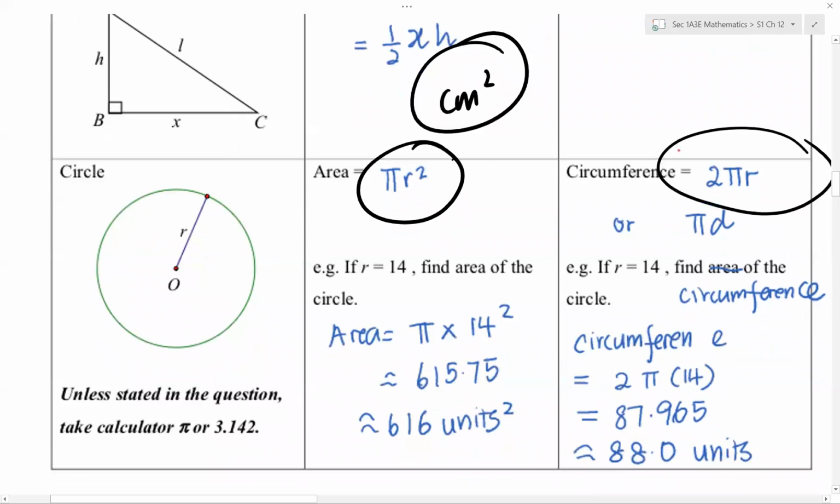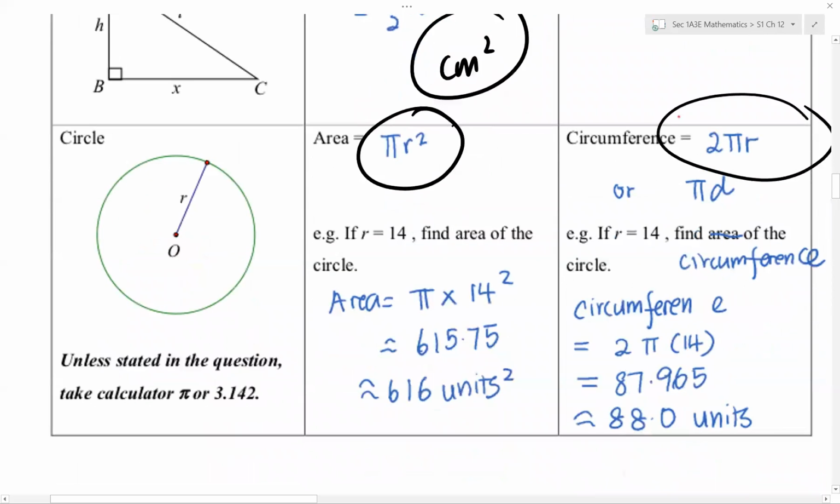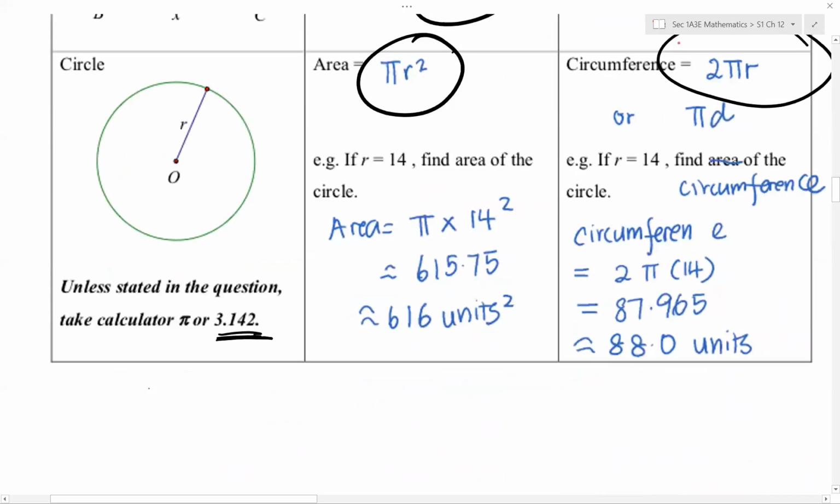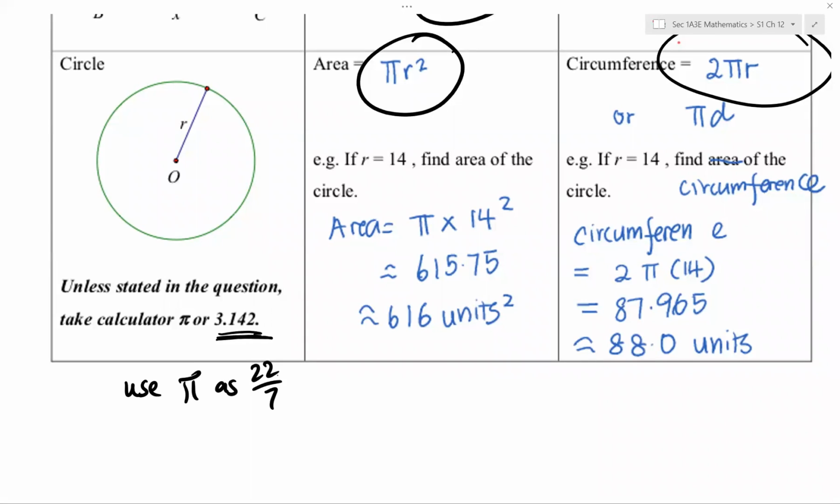Next thing, in our maths question, unless the question tells you to use pi equals 3.142 or any other value, in very rare occasions they may say use pi as 22/7, which is a horrible estimate. Unless the question says so, you will not use it. The default is the calculator value of pi. Can you find pi in your calculator now?